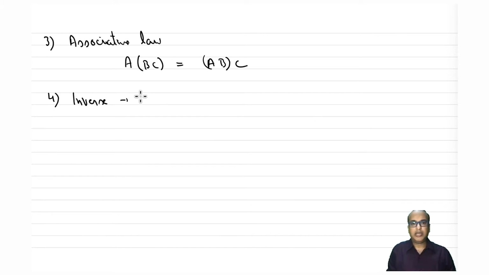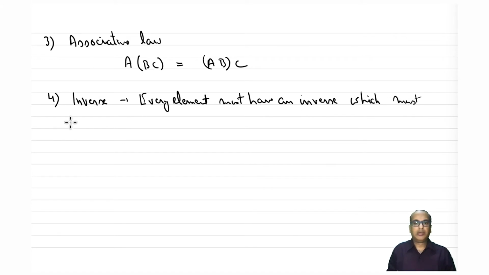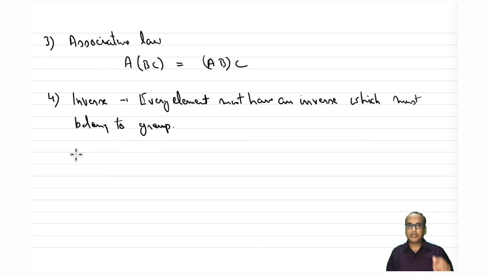That is, every element must have an inverse which must belong to the group, right? So these are the four properties which group elements must follow so that they can be called a point group, right? So let us take a few examples.